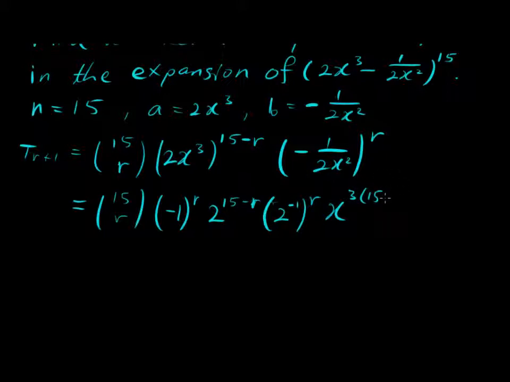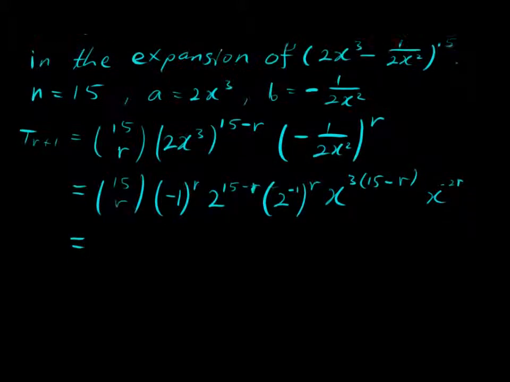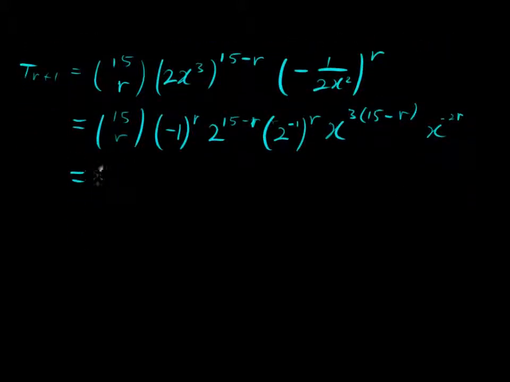You can see that 3 is multiplied by 15 − r, and for the other one it is x to a power of −2 multiplied by r, so it's just x to a power of −2r. Let's tidy up the expression a little more. The binomial coefficient is 15 choose r, and we don't have to do anything for the (−1) to the power of r.